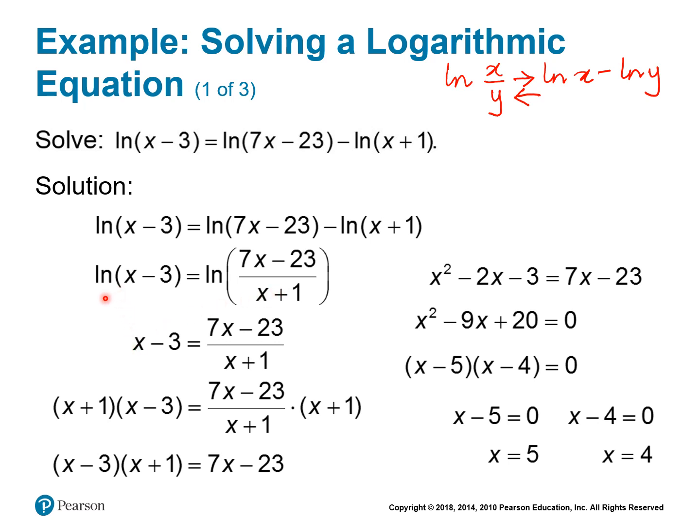So now we got ln of x minus 3 on the left hand side equals ln of 7x minus 23 divided by x plus 1. All right. So now that we have a single term on the left hand side and we have collapsed the right hand side to a single term, all we need to do is equate the m and the n. We can remove the ln and make x minus 3 equal 7x minus 23 divided by x plus 1.